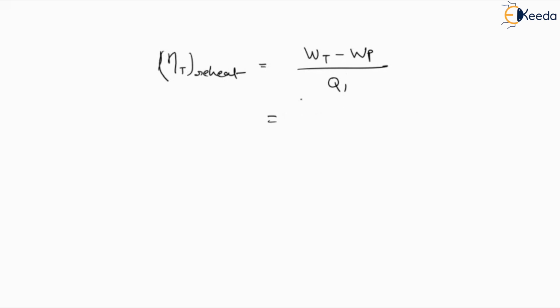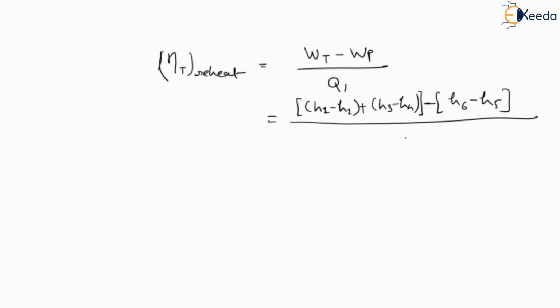So Wt is H1 minus H2 plus H3 minus H4, minus Wp, which is H6 minus H5, divided by Q1, which is H1 minus H6 plus H3 minus H2. So this will be the complete formula of the efficiency of the reheat cycle.